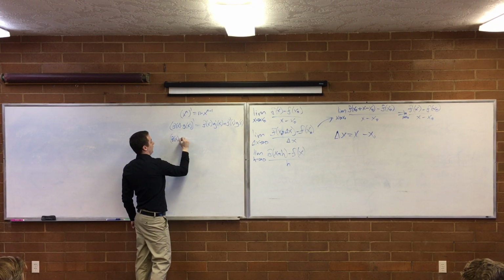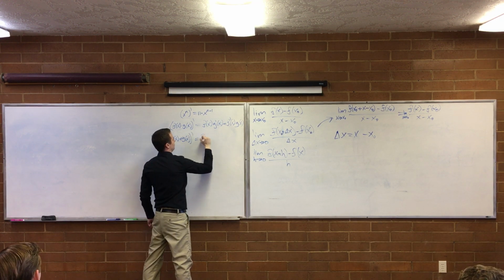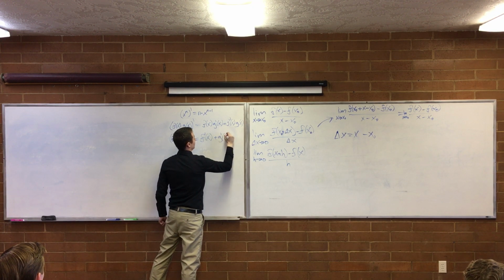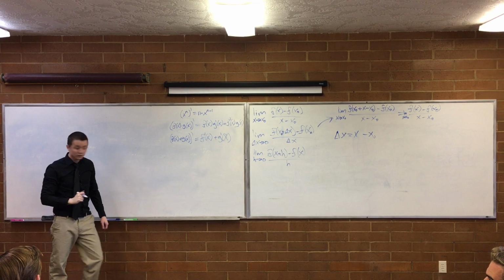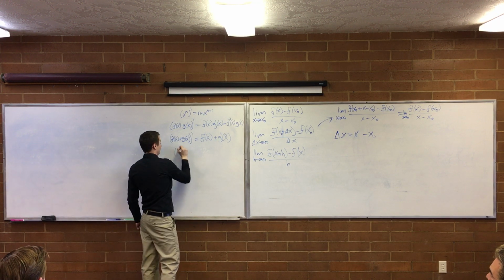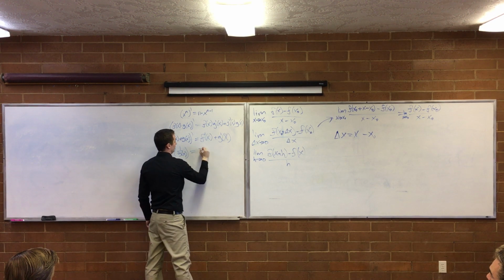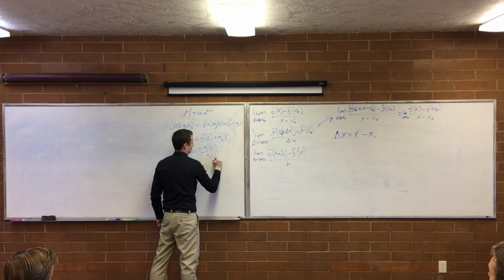The derivative of f of x plus g of x prime is equal to f prime of x plus g prime of x. Remember it was like 1 over g of x. The derivative of 1 over g of x is equal to negative g prime of x over g of x squared.